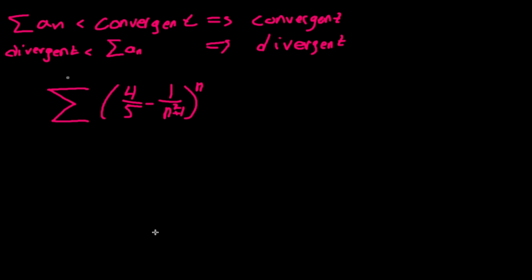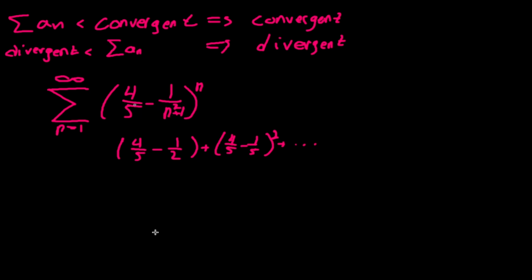So say we had this series right here, and it starts at n is equal to 1. So what are some of these numbers? This is going to be 4/5 - 1/2, plus 4/5 - 1/5, squared, plus... who knows? I'm not going to try to integrate that out.